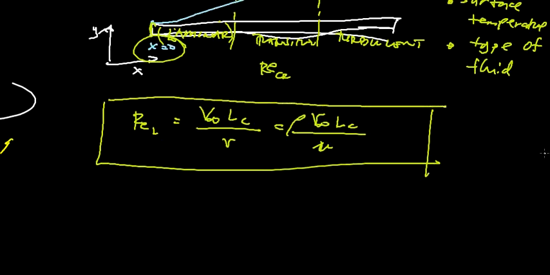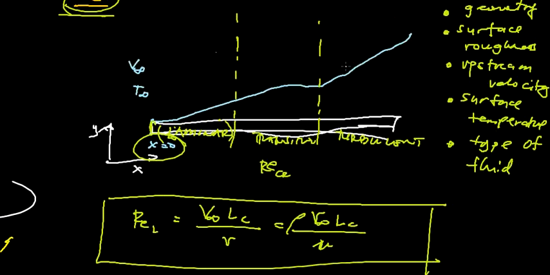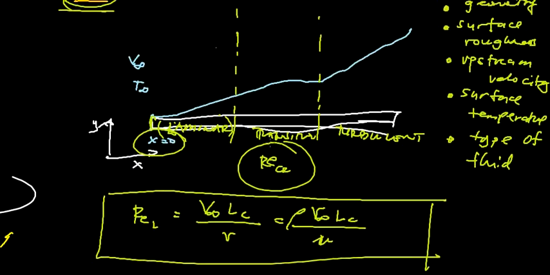So for flow over a flat plate, the transition from laminar at this point to turbulent at this point is usually taken to occur using this critical Reynolds number, right? So using this condition, for external flow over a flat surface, our critical Re here is 5 times 10 to the 5.